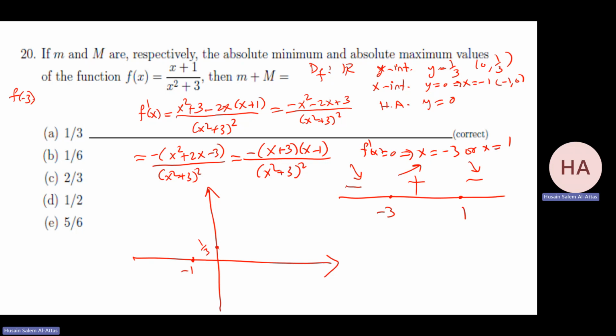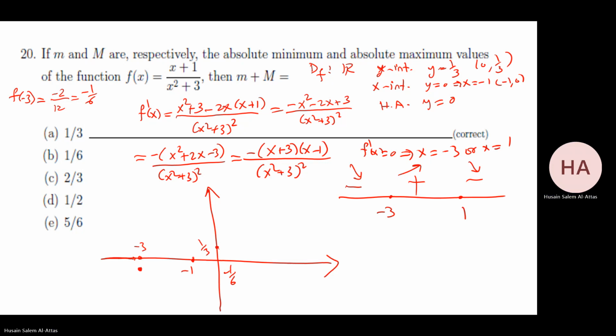Maybe that will help me. f of minus 3 will be minus 2 over 12, which is minus 1 over 6. So at minus 3, that's also one of the points I need. That will be minus 1 over 6 somewhere here. So I have this point here.